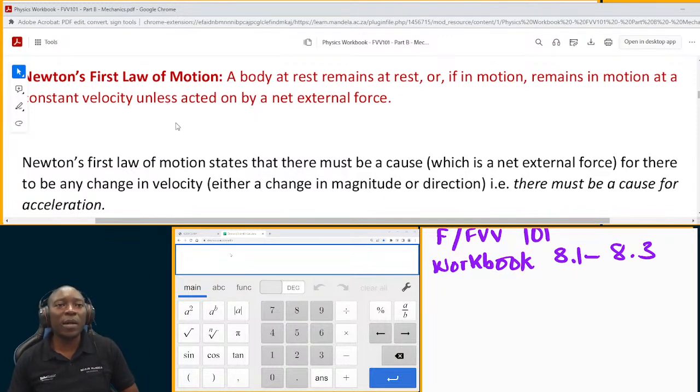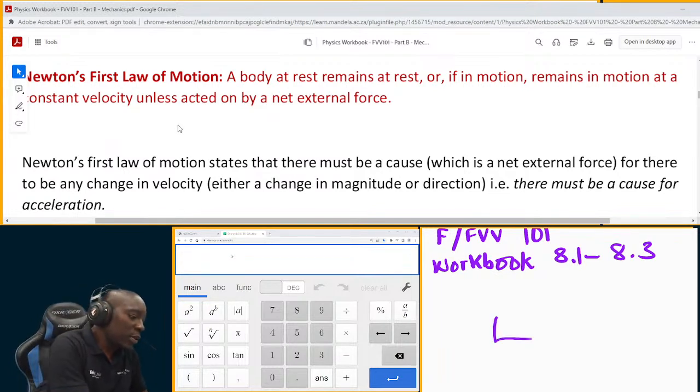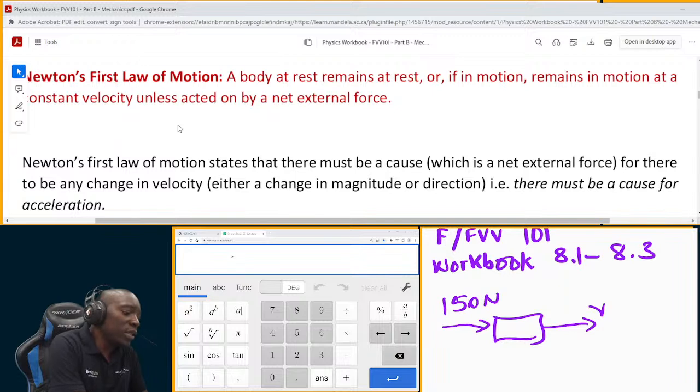Meaning if we have a body moving at constant velocity v, being pushed in this direction by a 150 Newton force, and there is friction on this body due to the surface.